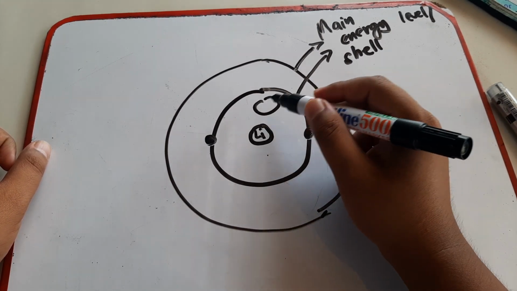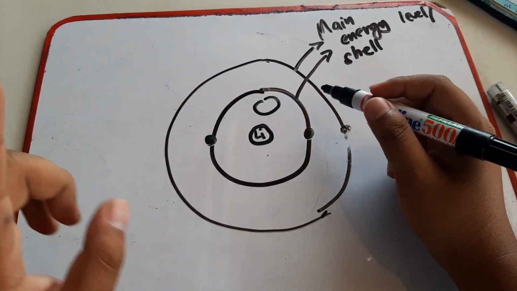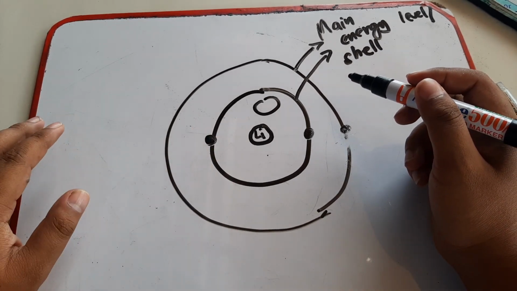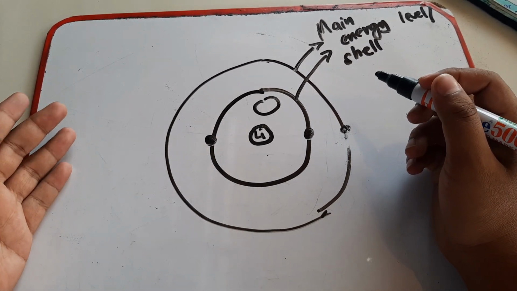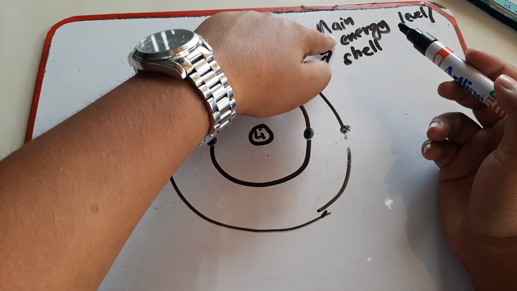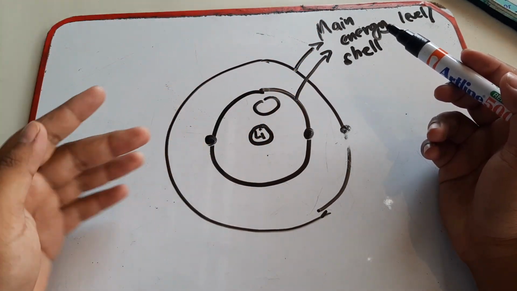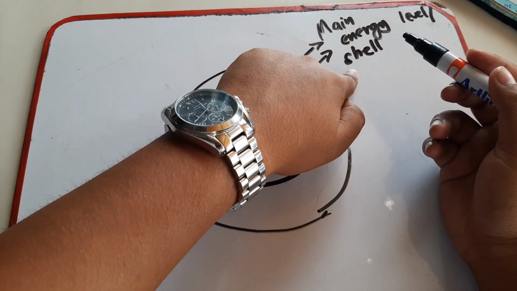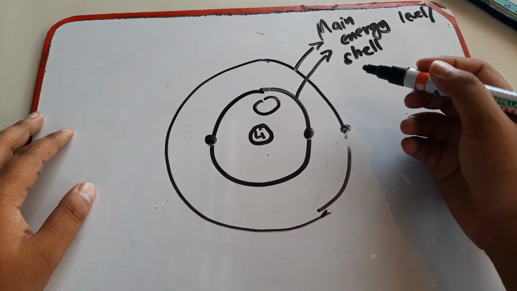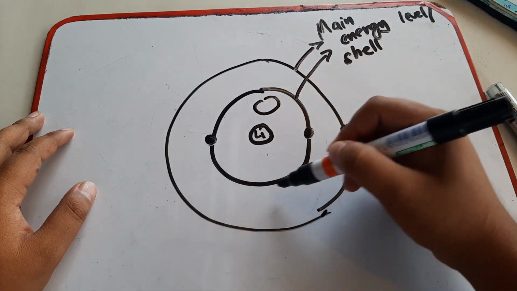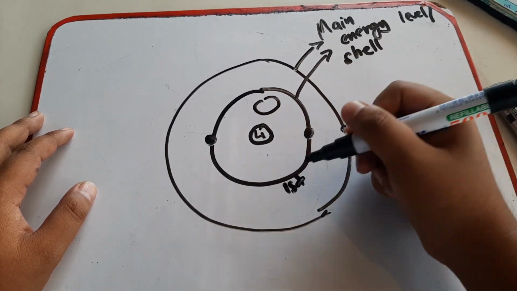So, for every energy level, there comes one sub-energy level. So, let me reiterate that. For every main energy level, it has one sub-level. Or for every shell, there's one subshell. So for here, this is your first energy level. So let's label it first.